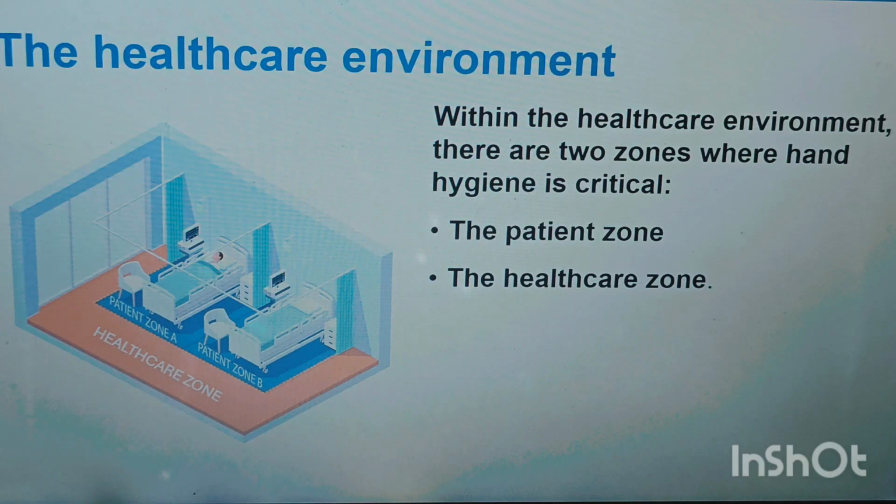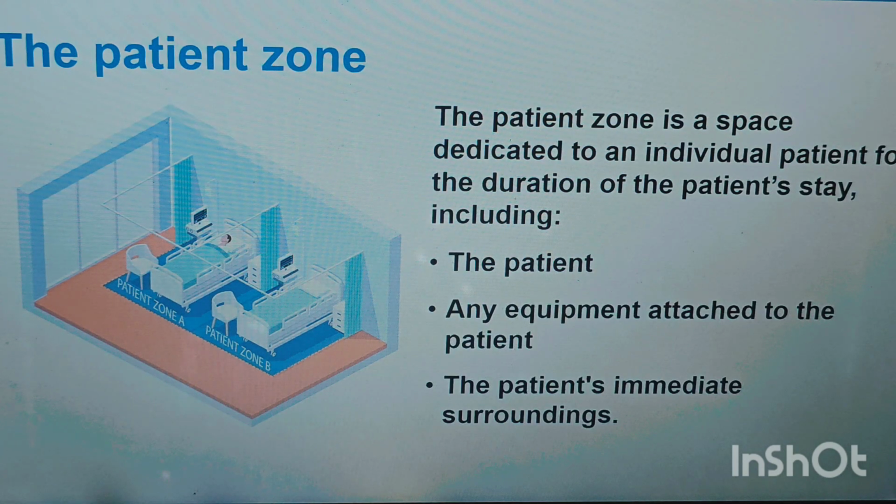In the healthcare environment, there are two zones where hand hygiene is critical: the patient zone and the healthcare zone. The patient zone is dedicated to an individual patient for the duration of their stay, including the patient and any equipment attached to the patient's immediate surroundings.